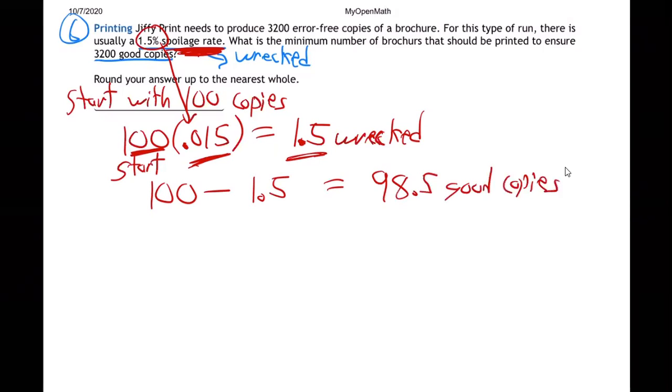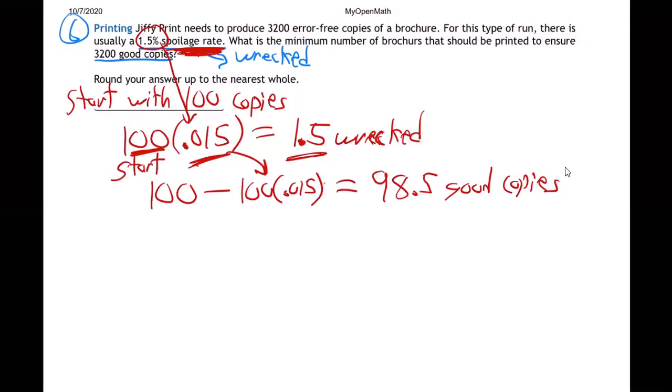We need to subtract that, don't we, because that number gets wrecked. We'd have 98.5 good copies left. Now, rather than put 1.5 there, put this there, because that is where the 1.5 came from.